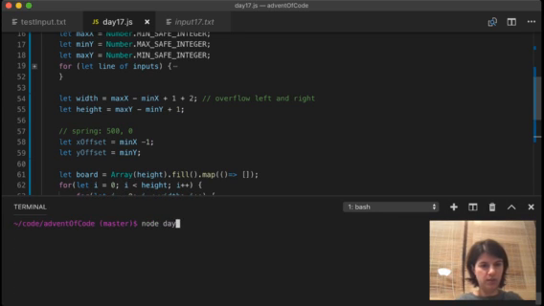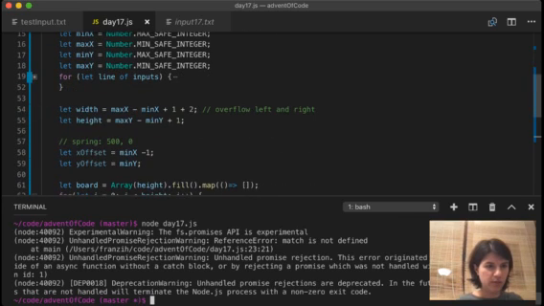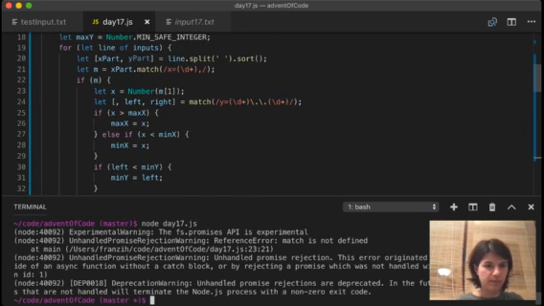Node day 17. Okay, match is not defined in line 23. Oh yeah, because I renamed stuff. 23 doesn't have match in it, does it?